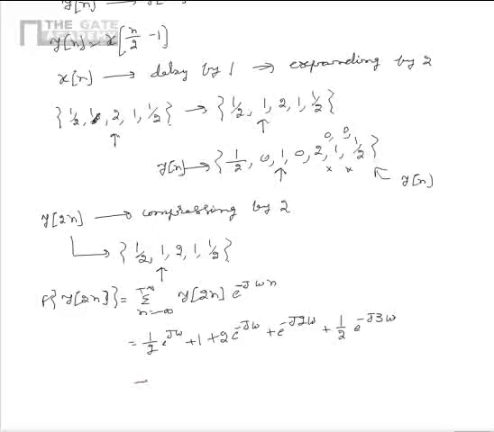By taking e power minus j omega common, the Fourier transform of y of 2n can further be simplified as e power minus j omega multiplied by half e power 2j omega plus e power j omega plus 2 plus e power minus j omega plus half e power minus 2j omega.